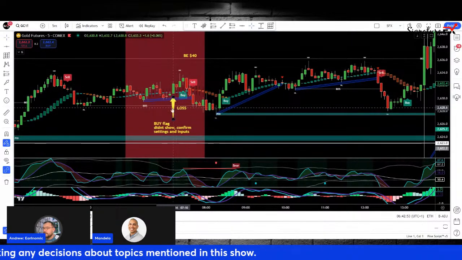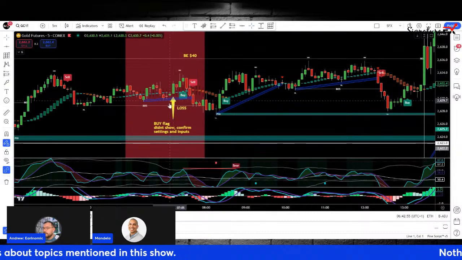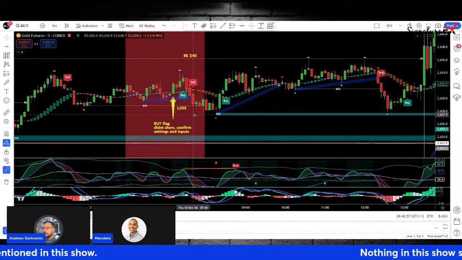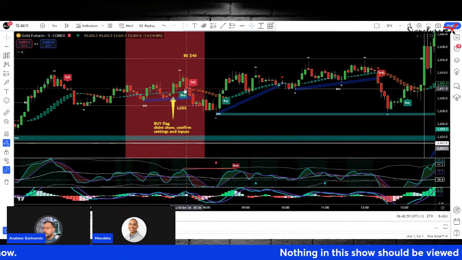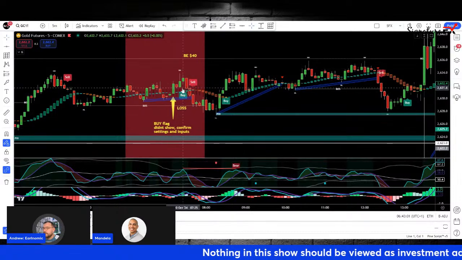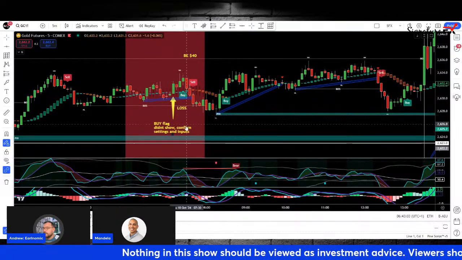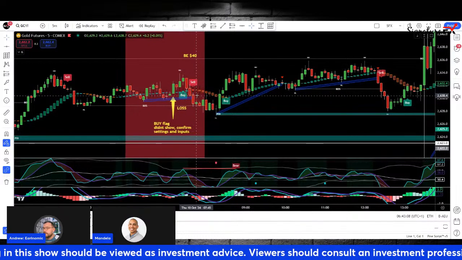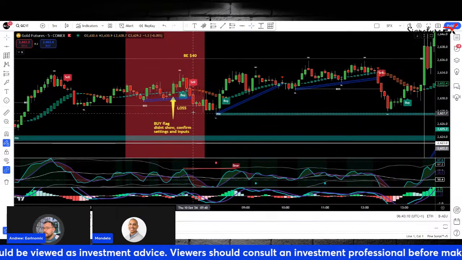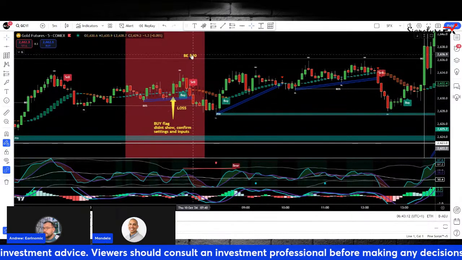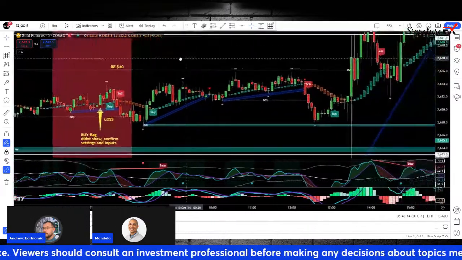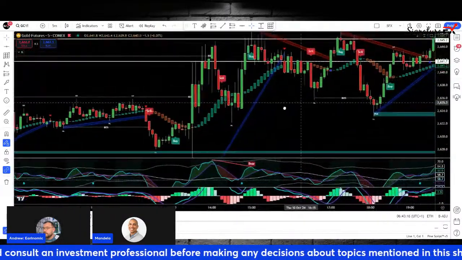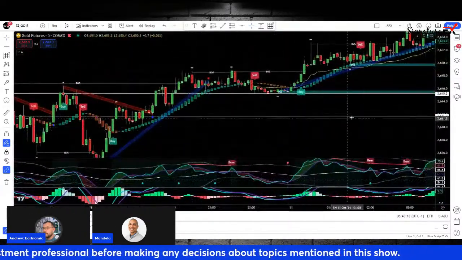I checked the settings this morning. Everything seems fine, but for some reason it didn't present itself here. I took the buy here, followed the rules. It was a buy above the Heikin Ashi. That was a loss. And then I took the sell yesterday. Really, I stayed in the trade too long, but we broke even at $40. So I took a loss yesterday, an expense of about $5.90.